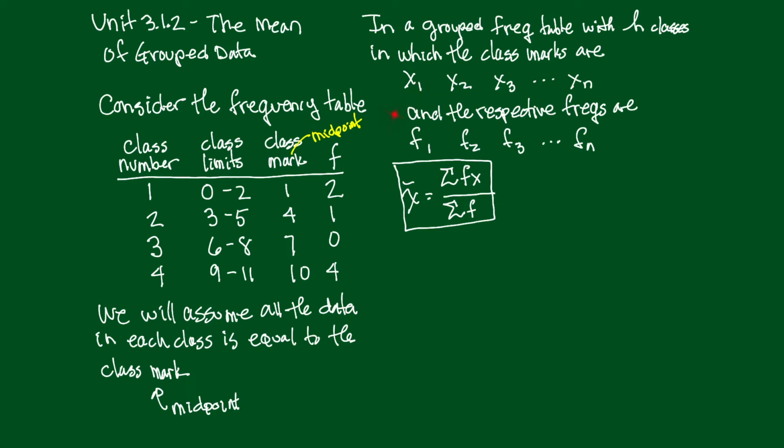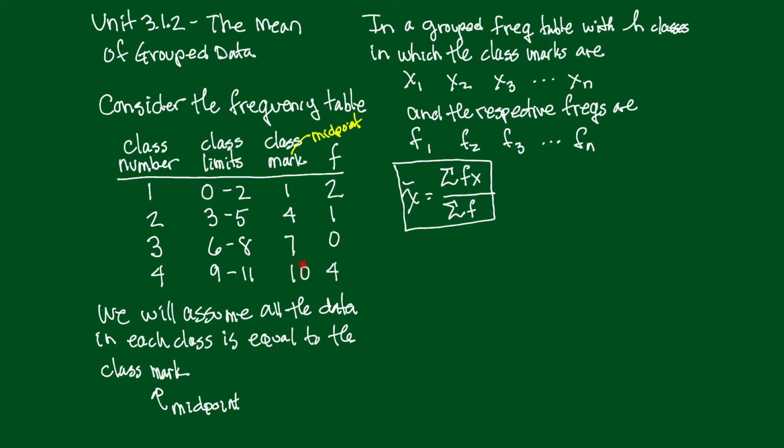So if you have a frequency table with 4 classes, or H classes in general, in which the class marks are, you know, the first one, the second one, the third one, dot, dot, dot, the last one. So in our case, it's going to be what? The first class mark is in the first class. Midpoint is 1. So x1 is 1 up here. x2, that's the second midpoint, or second mark. That's a 4. And then x sub 3, the third class mark. That's a 7. And the last one, dot, dot, dot, we only have 4. So the fourth one would be 10.